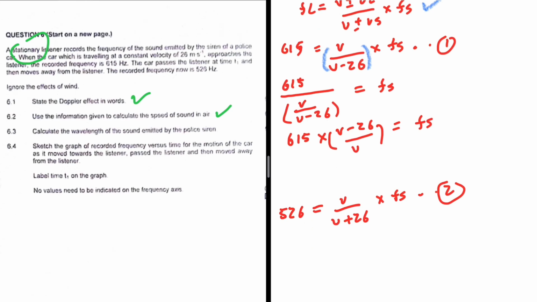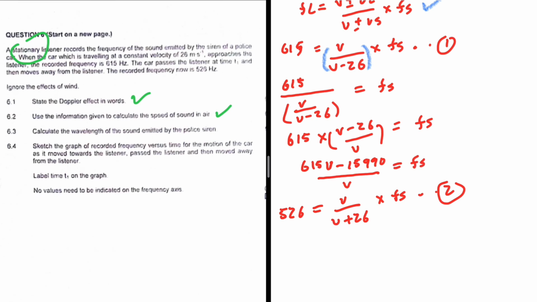Let's further simplify it. 615 multiplied by V is 615V, and then we have 615 multiplied by minus 26, that is minus 15,990, everything divided by V. This is Fs.